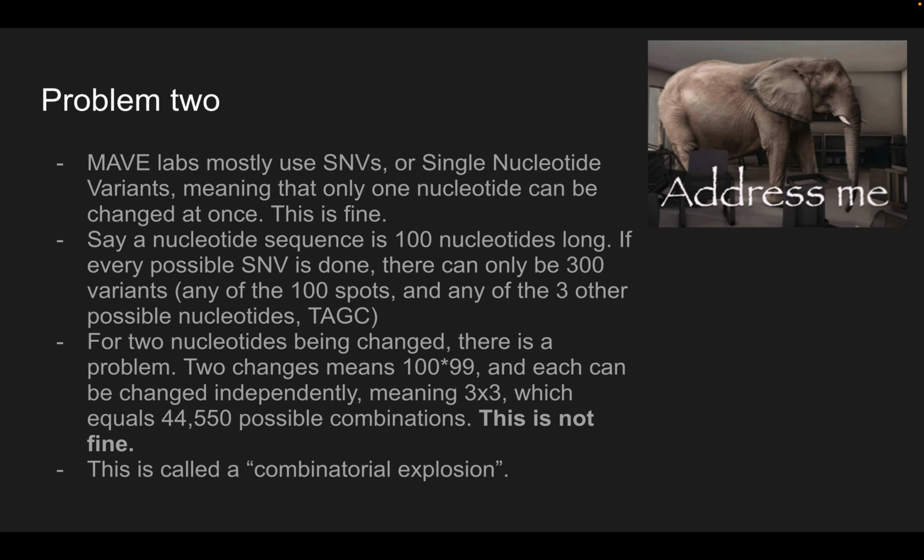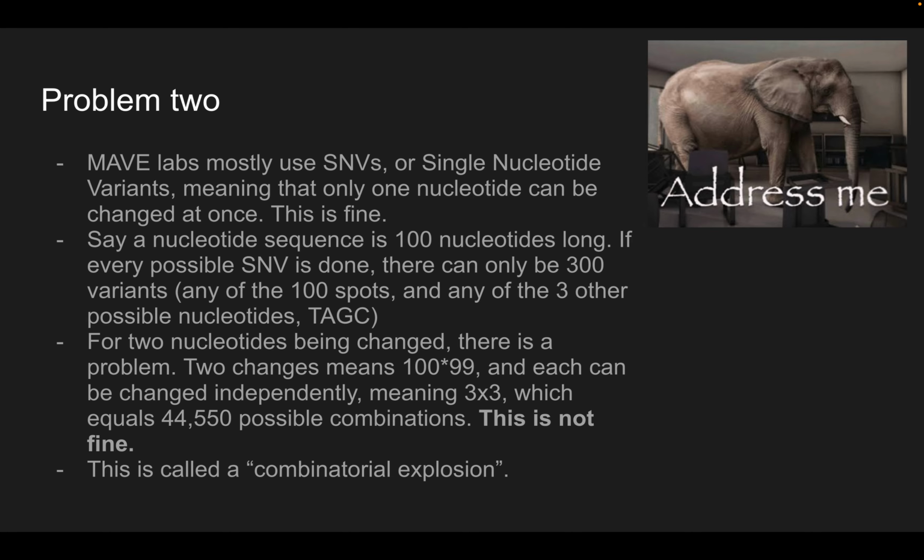But let's say we want to change 2 nucleotides on the sequence. So that means you have to change 2 points. So 100 times 99, because 100 is any one of the 100 nucleotides, and we already counted one, so any of the 99 remaining nucleotides. And since they change independently, you have to account for all 3 variants. So it could be TA, T could become any of the other 3, and the A could also become any of the other 3. So that means 3 times 3.